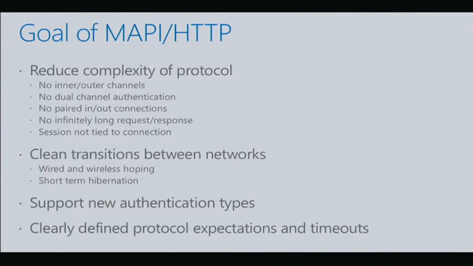And also, by having clearly defined protocol expectations and timeouts, what this really means is that the client can expect a certain thing from the server. The client today, when it goes to the RPC layer, is essentially making a function call, and the RPC layer serializes all the parameters, packages it up, sends it out over the network, and it's really up to the RPC layer on the client and the RPC layer on the server to negotiate all that.